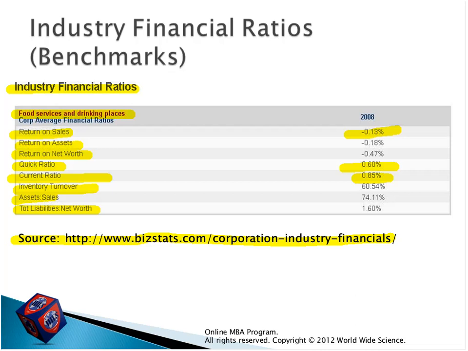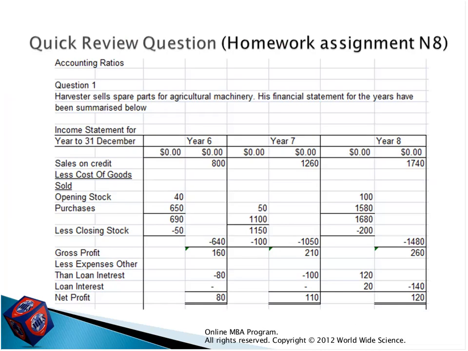Let's see the next one. Right now we have quick review questions. This says homework assignment number 8, but we are going to solve this exercise in class right now. Later I will give you a new exercise similar to this, and then you can practice on your own.